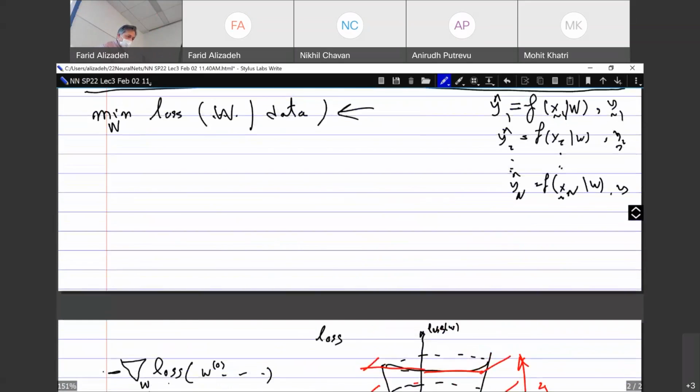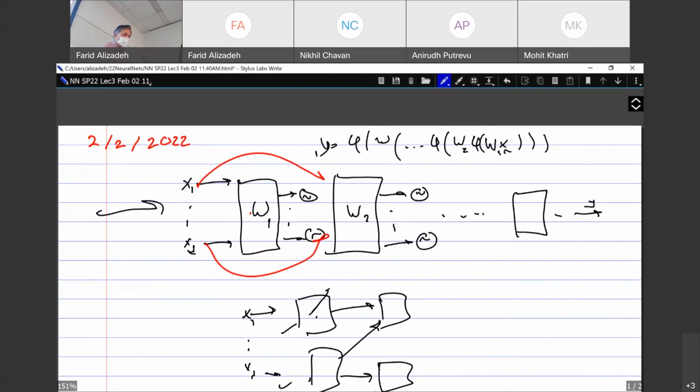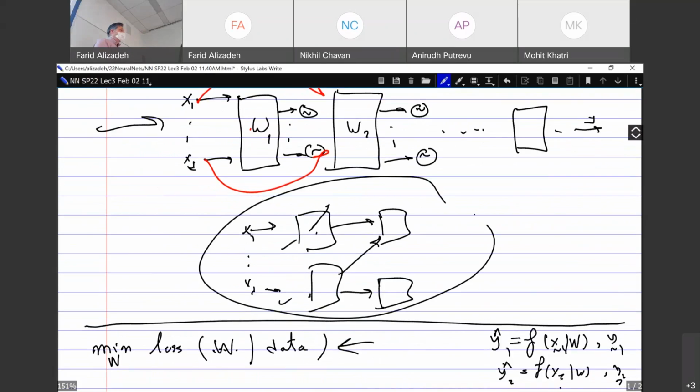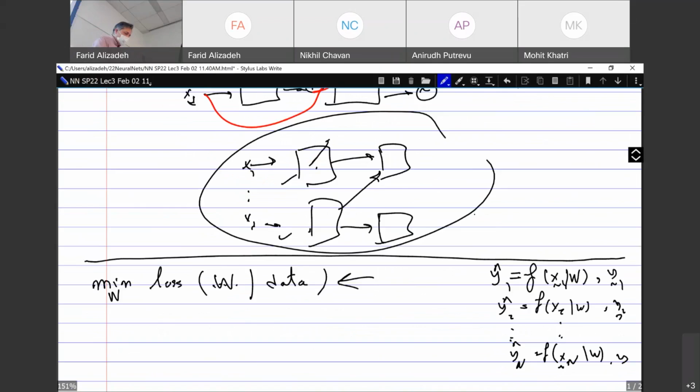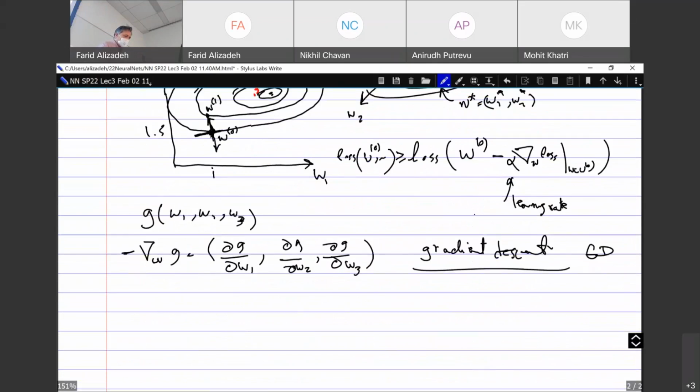This is a gigantic, very complex function. You're trying to take derivatives with respect to W through composition and multiplication and composition, and then more complex forms, which is even more difficult. So the process of taking a derivative is non-trivial. And then we also have hundreds of thousands at the least to billions at most number of derivatives. But the point here is that this is why you need the derivative.